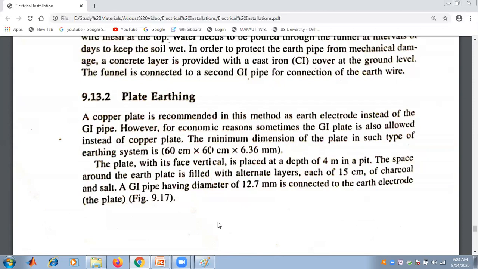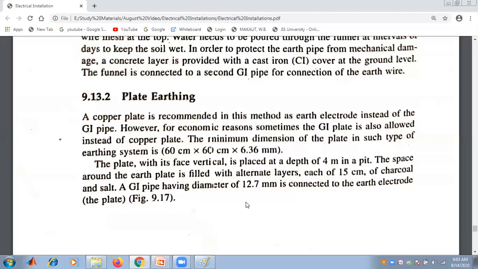The minimum dimension of the plate for such a type of earthing system is 60 centimeter into 60 centimeter into 6.36 millimeter. The plate, with its face vertical, is placed at a depth of 4 meter in a pit.